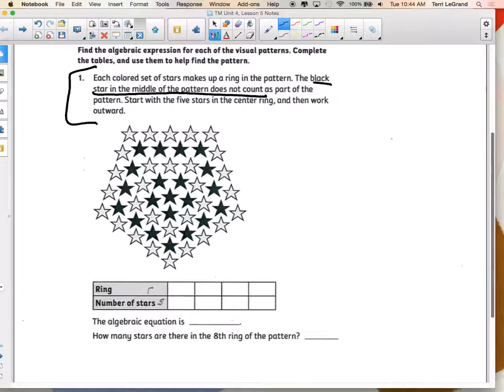Start with the 5 stars in the center ring and then work outward. So we're going to take our highlighters and highlight the 5 stars they're talking about. Remember, the star in the middle does not count. So take your highlighter and highlight this ring of stars. There's our first ring of stars.